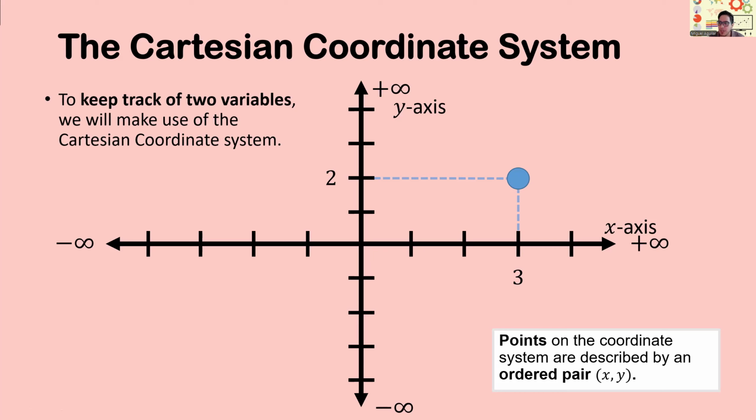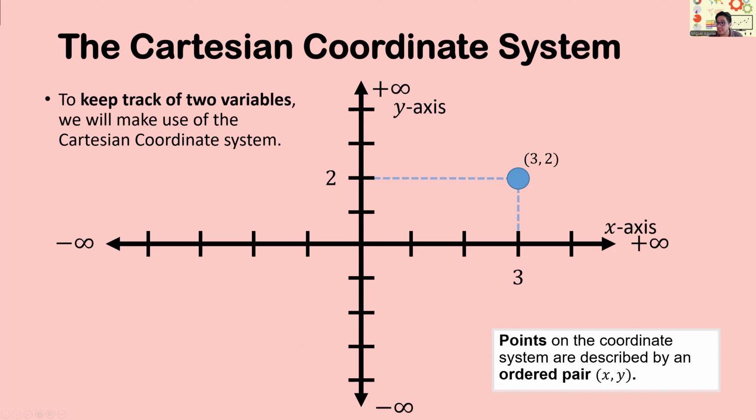I might end up bombing the wrong village. You have to give me both the x value and the y value so that we can bomb the right village, okay? Jokes aside, it's very important that you keep track of both of those coordinates for every single point, okay? And 3, 2 is how we're going to describe that.